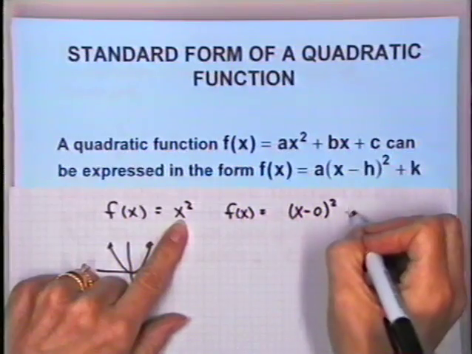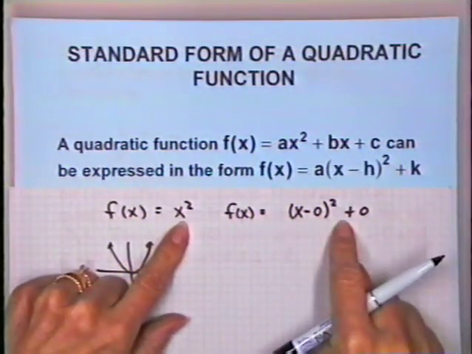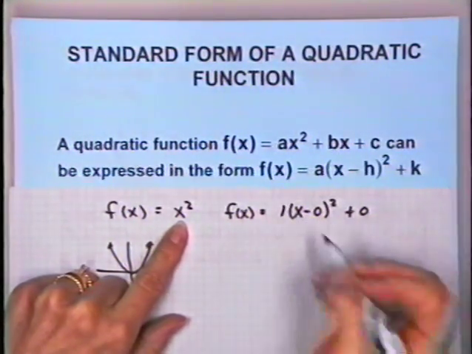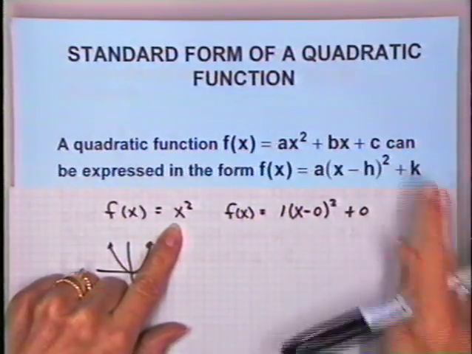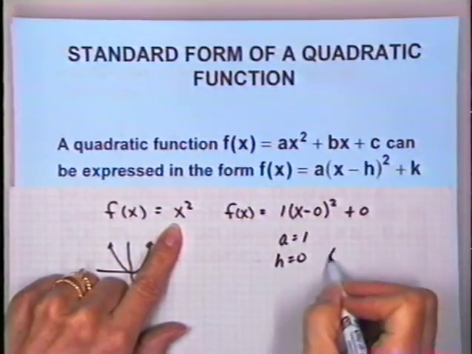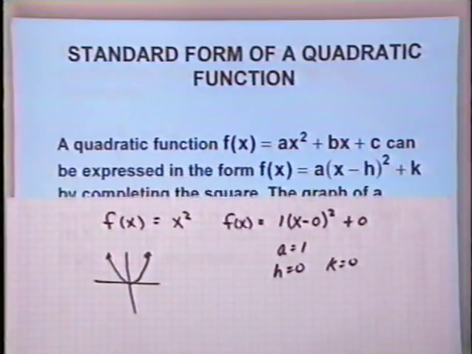And if I put a plus 0 here for k, this would simplify down to just f of x equals x squared. And of course, any coefficient that's not written is understood to be 1. So f of x equals x squared fits this form where a is 1, where h is 0, and k is 0.